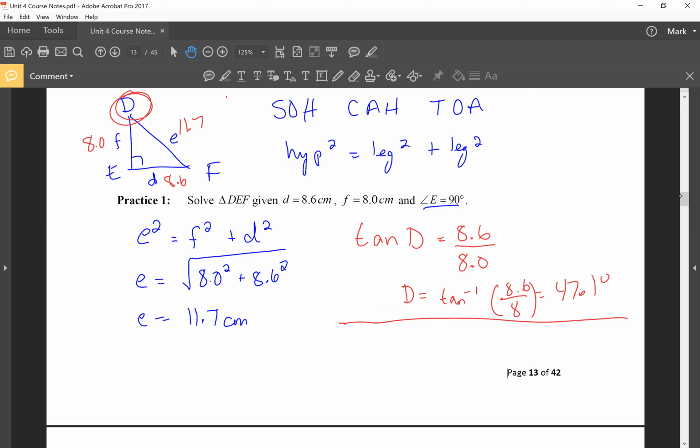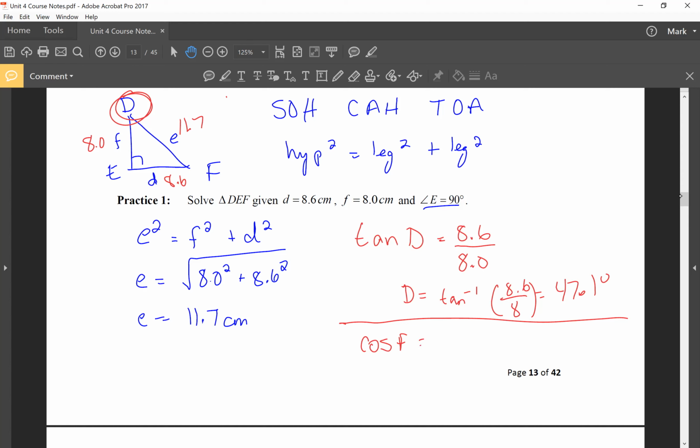What about F? I can use tangent for F again. Well, no, okay, let's be different. Let's use cosine. Now, I think a math instructor would probably prefer that you use tangent, but we're not getting into those details. They're all going to give you the same answer.